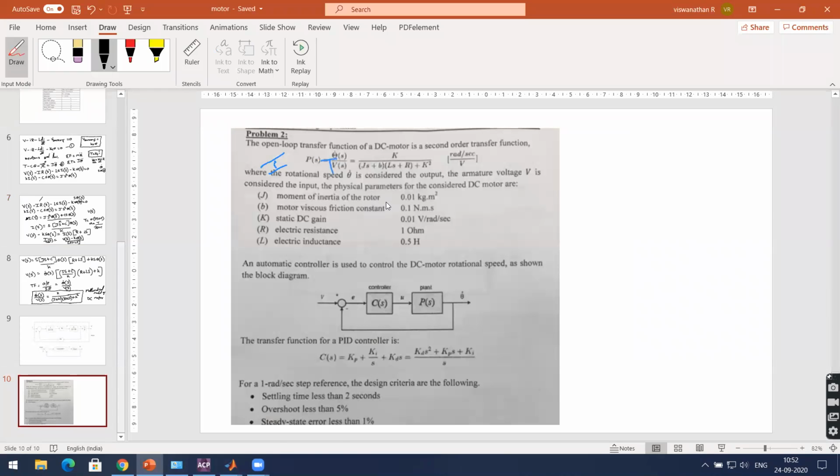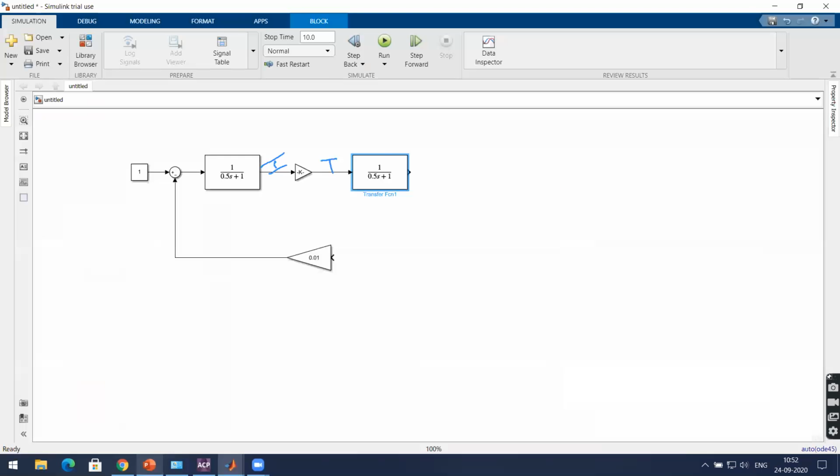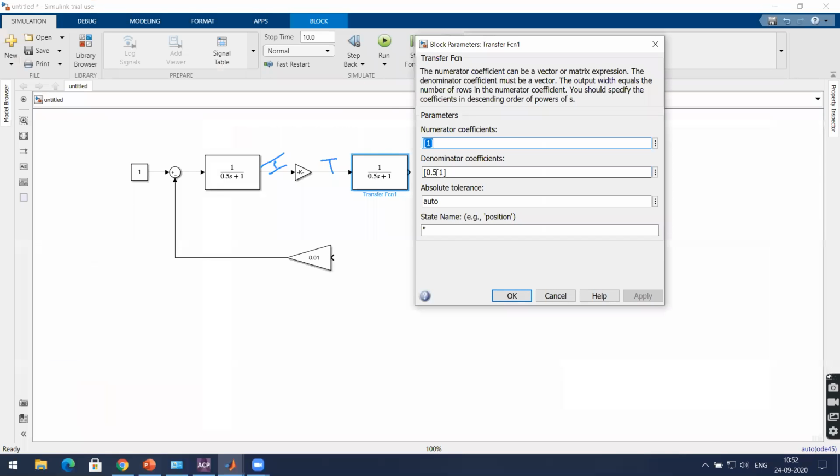So we'll look at the values now. J is the moment of inertia of the rotor, 0.01 kg meter square. And C is the motor viscous friction constant, that is 0.1. So what should I put here? 0.01 and 0.1.